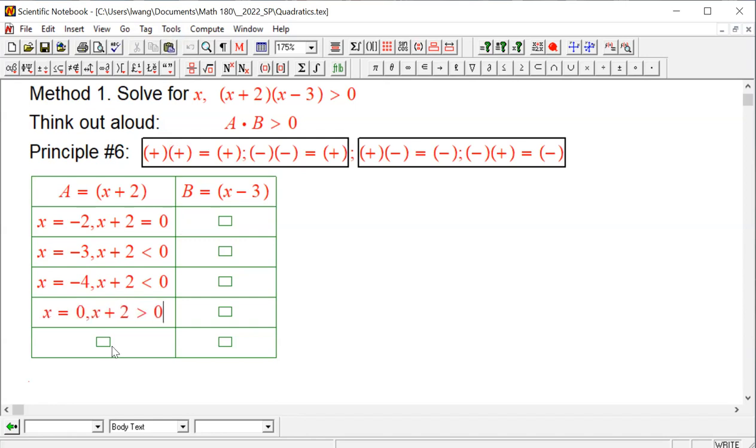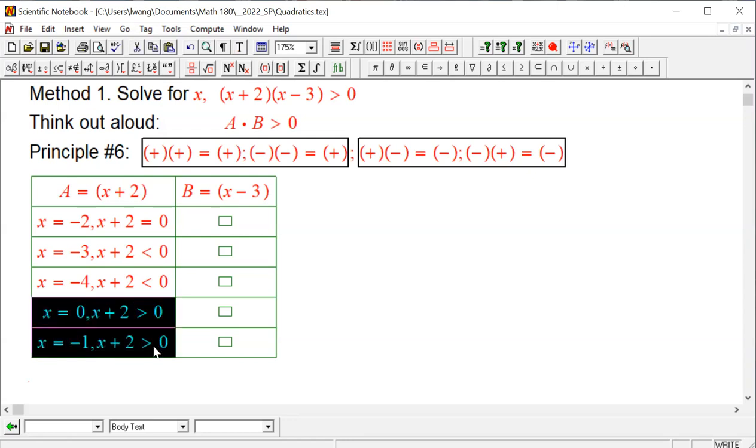So do we see some patterns here? You can certainly choose decimal numbers, fraction numbers if you want. But what we discovered is that x plus 2 is positive if we choose x to be larger than -2. X plus 2 is negative if we choose x less than -2.